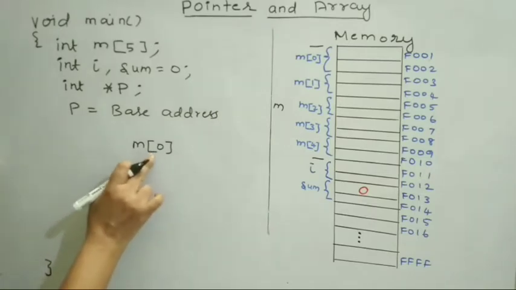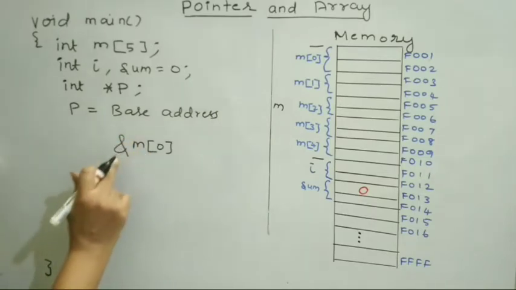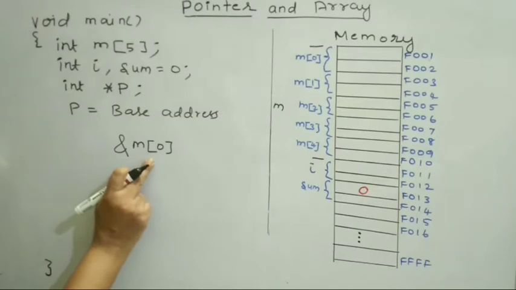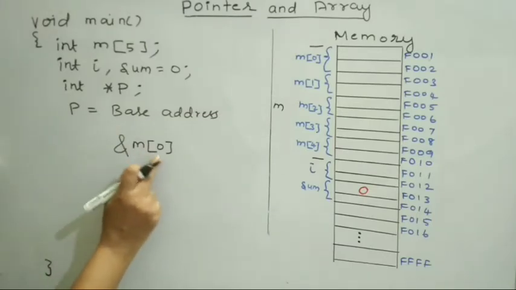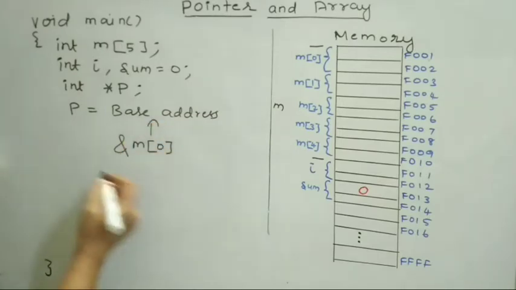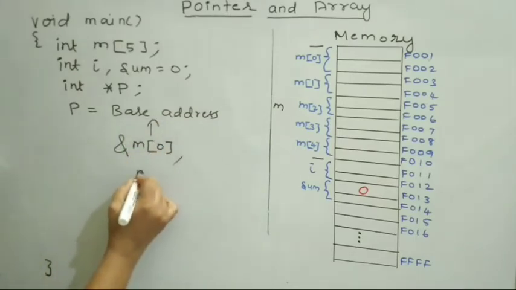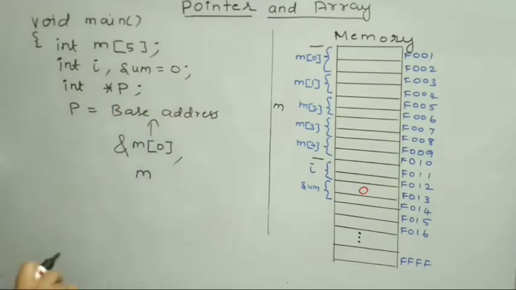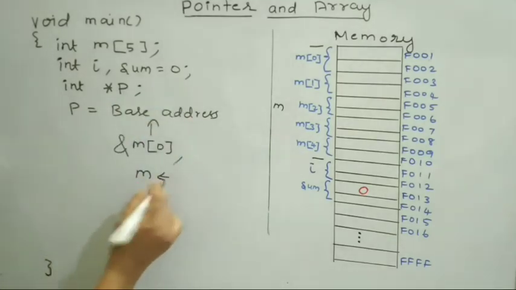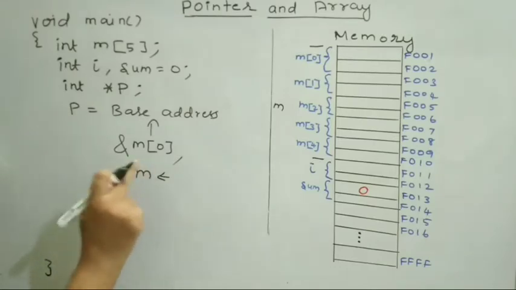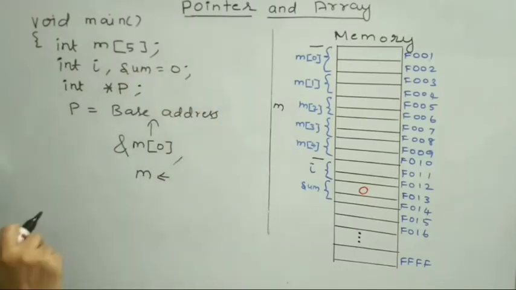How to get the address of this element? Attach the address operator to this element to get the address of the first element in the 0th index position. That is my base address. I may get the base address using this expression, or the name of the array itself specifies the base address. It holds the starting memory address allocated for the array.